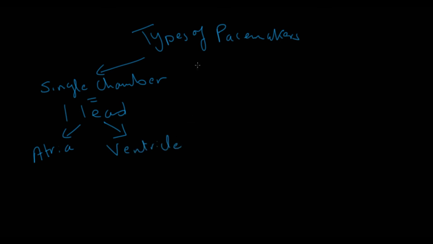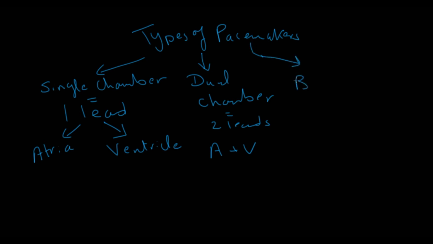We will explain later on. And then we have a dual chamber, which means two leads that go to both the atria and the ventricle. And then we have the last type, which is biventricular, which means it goes to both ventricles.